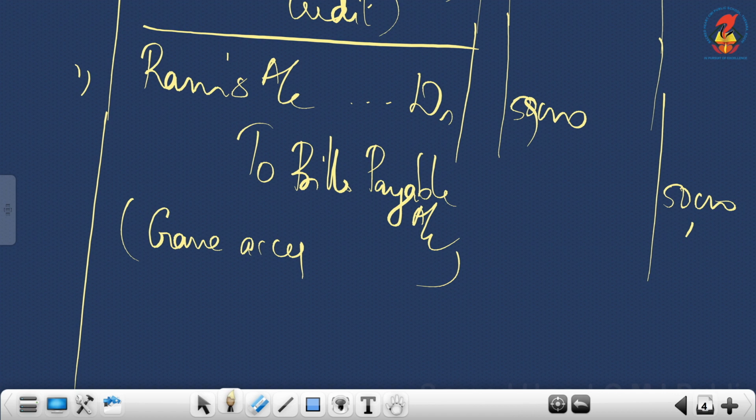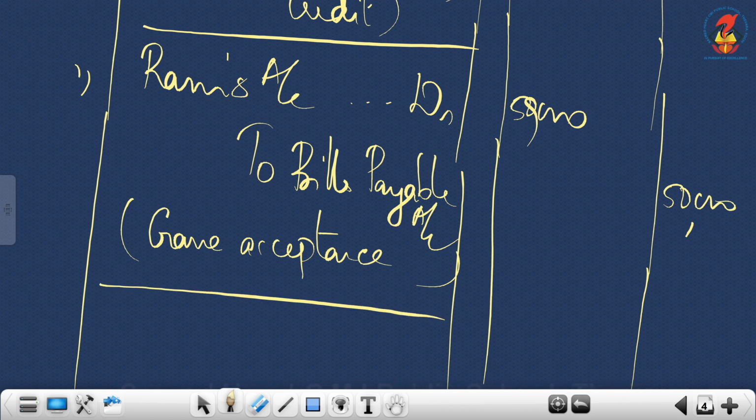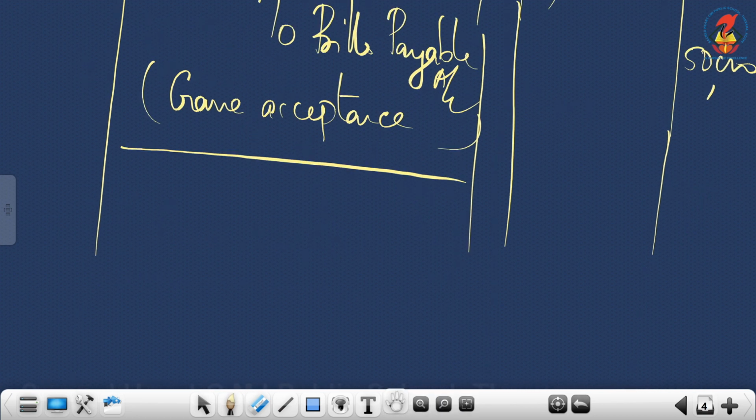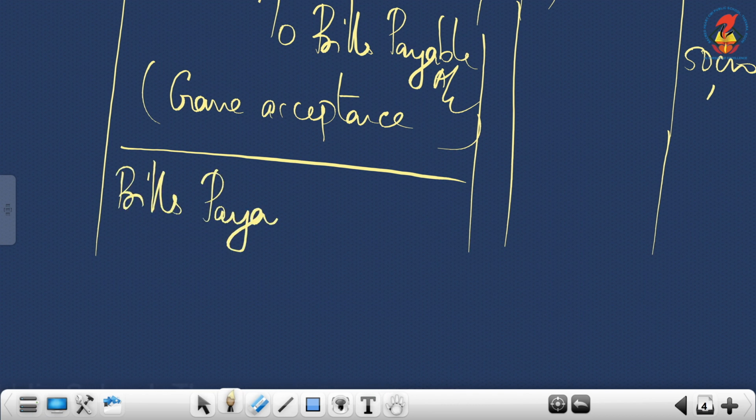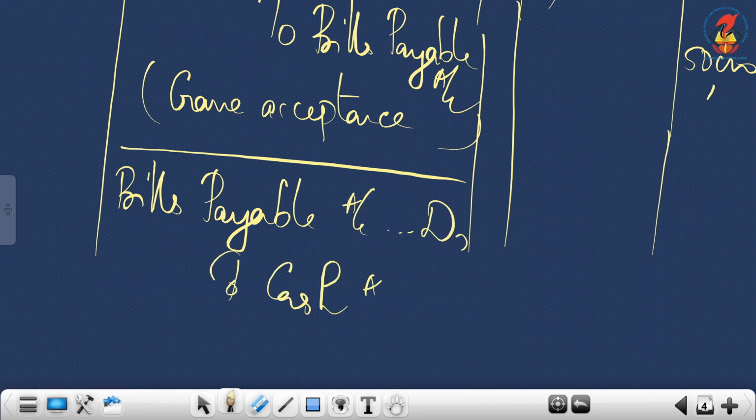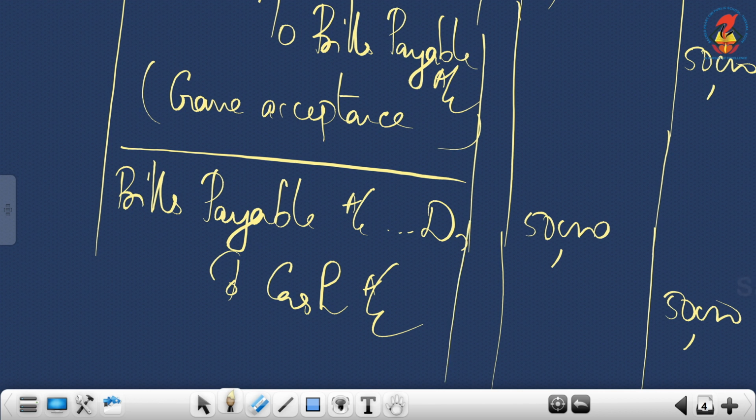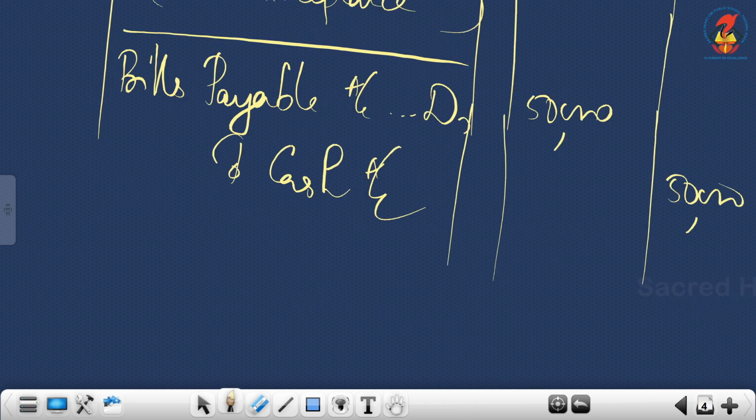Gave acceptance, or you can write gave bills payable, that's also fine. Finally, he will make the payment, that is bills payable will get cancelled. So it is bills payable account debtor to cash, the same amount. You can write the narration like paid the amount or paid the bill.